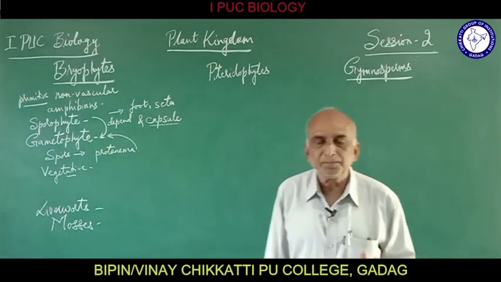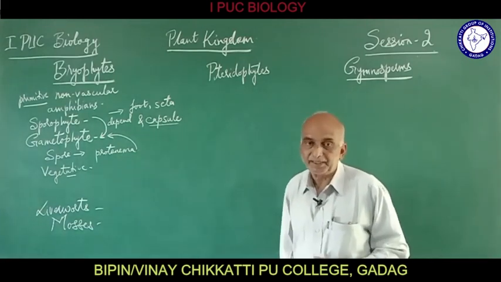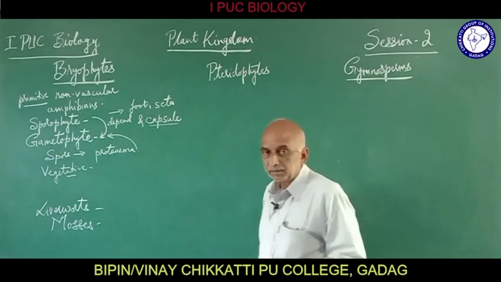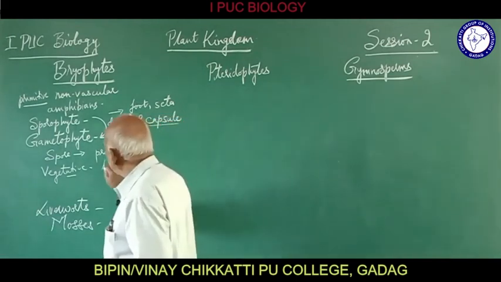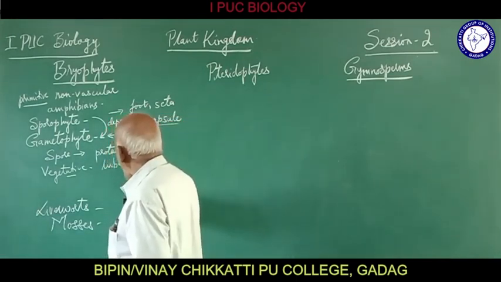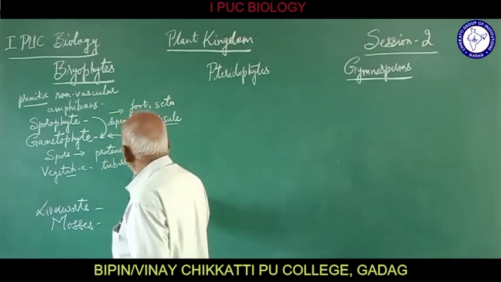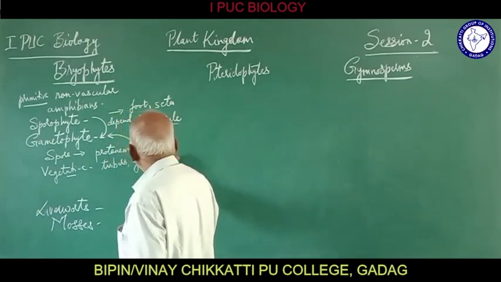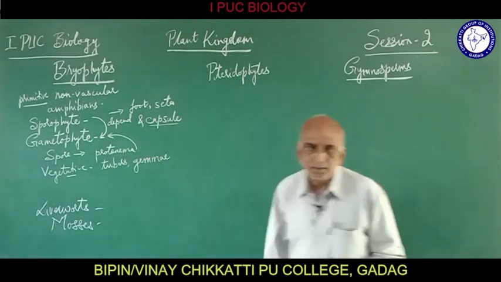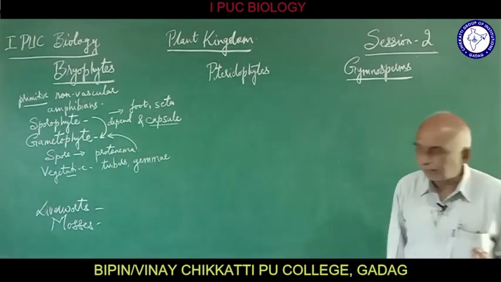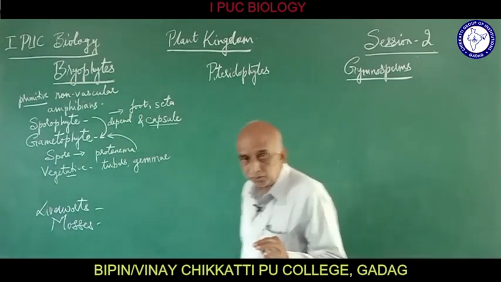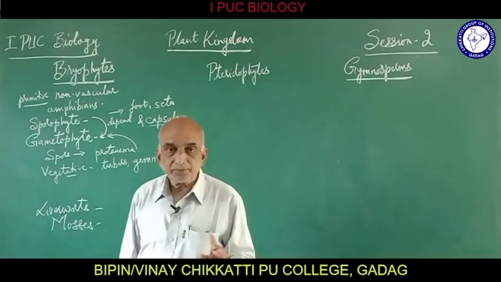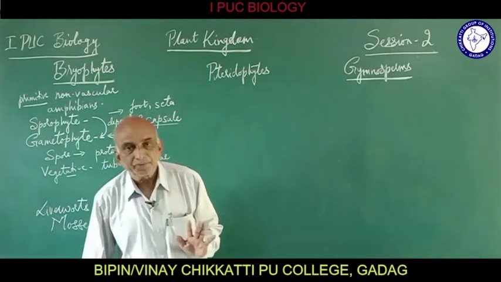So the vegetative method takes place by fragmentation, or by structures which are called tubers, or by structures which are called gemmae. So: fragmentation, tuber formation, and the formation of gemmae.